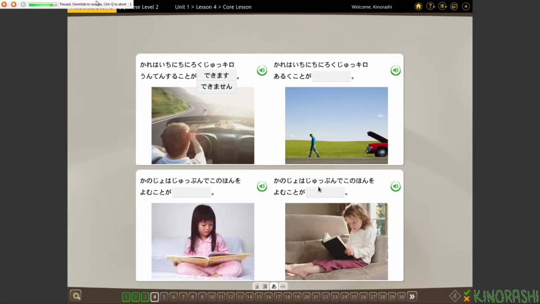We can use ni together with ikimashita to express that we went to do something rather than using a destination. That's what we did in the directional ni. So let's see. Watashi wa tabe ni ikimashita. I went to eat.